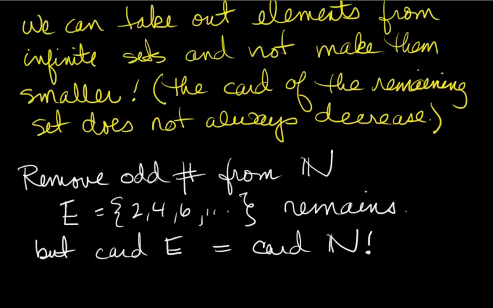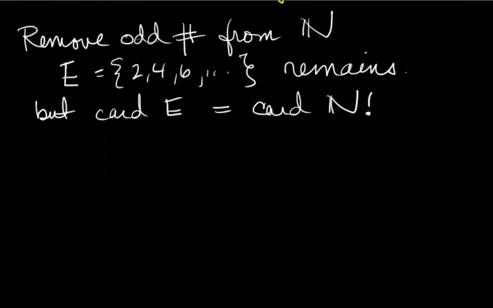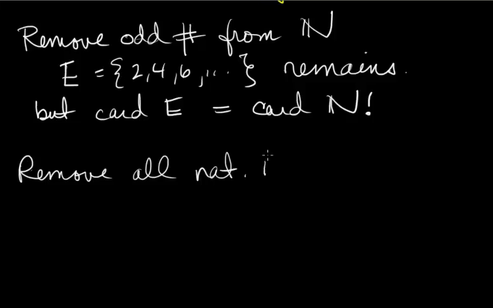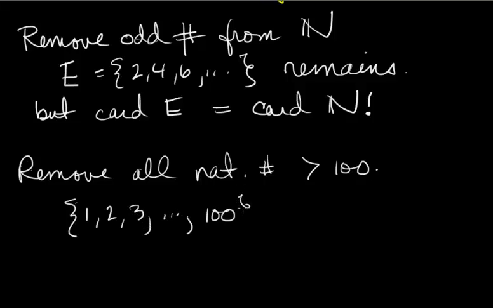We can also remove infinitely many things and change the cardinality. Here's an example. If we remove all natural numbers greater than 100, well, then we are left with this set: 1, 2, 3, up to and including 100.